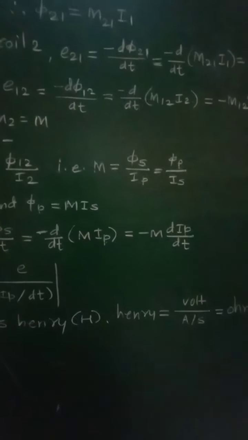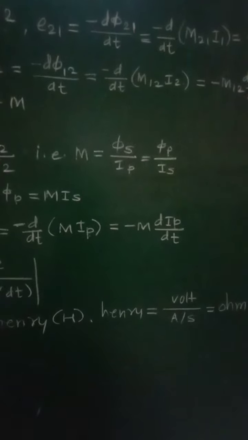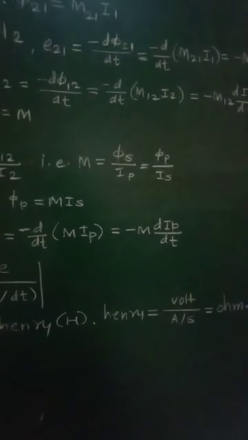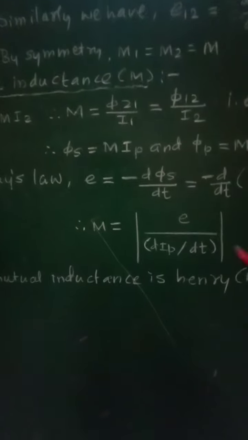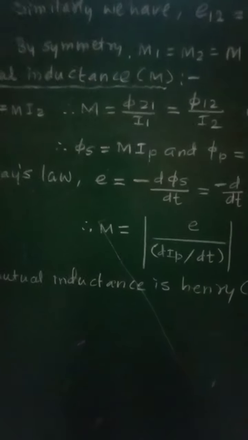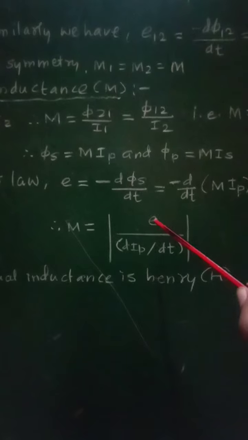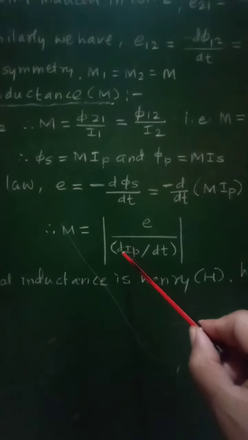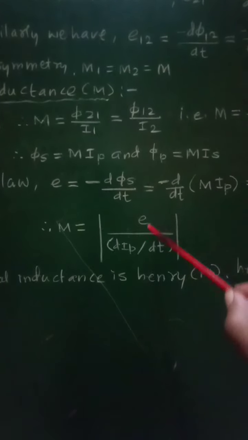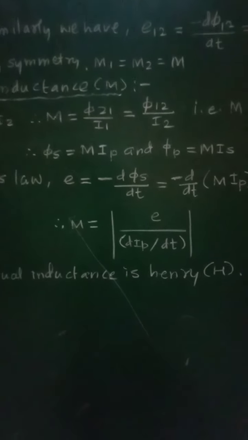So the magnitude of induced EMF is E equal to minus M dIp by dt, and therefore M is equal to the magnitude of E upon dIp by dt.